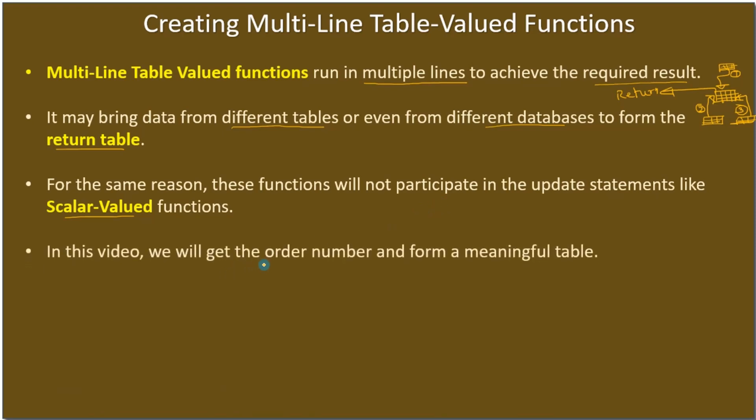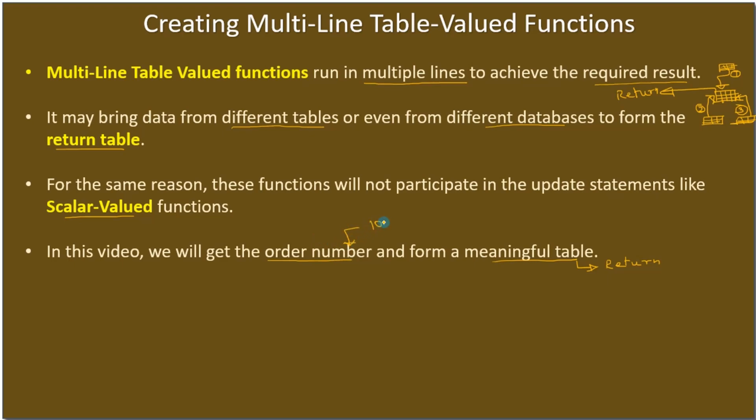In this video, we will get an order number and form a meaningful table and return that table to the caller. So the input for the function is the order number.